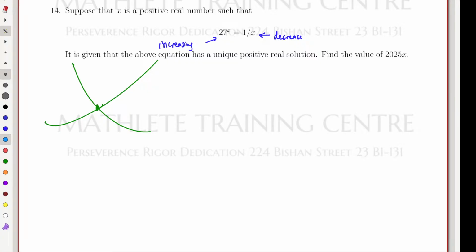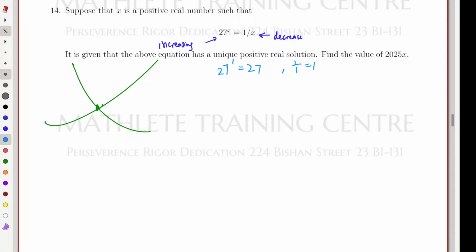Okay, so what to do here? Well, you can try some values. Don't try x equals 0, because you don't want to divide by 0. Let's try x equals 1. Even then, you can already realize that 27 to the power 1 is way too big. So you know that the answer will be some number between 0 and 1. Now, 27 is a cube number. Should I take the square root?